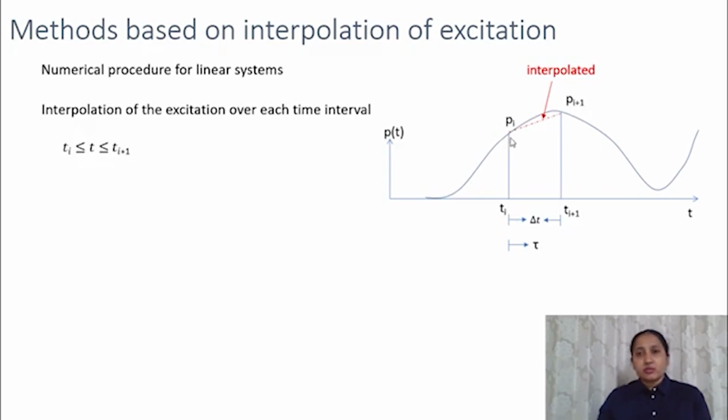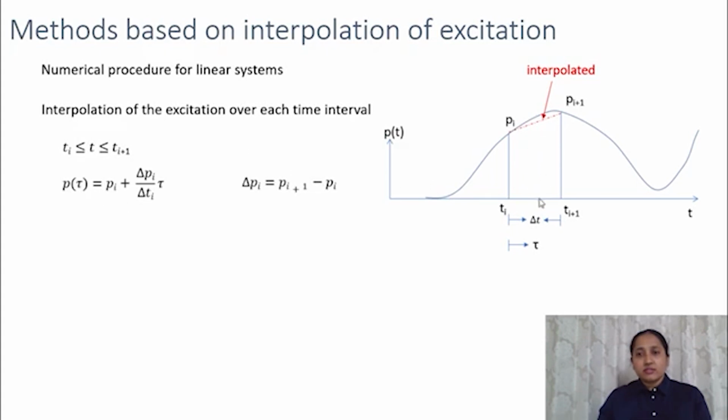So in between, that is between Ti and Ti plus 1, in this interval, the forcing function is interpolated as shown here. Here it is interpolated linearly. So we will use this linear variation of the force in calculating the response during this interval.